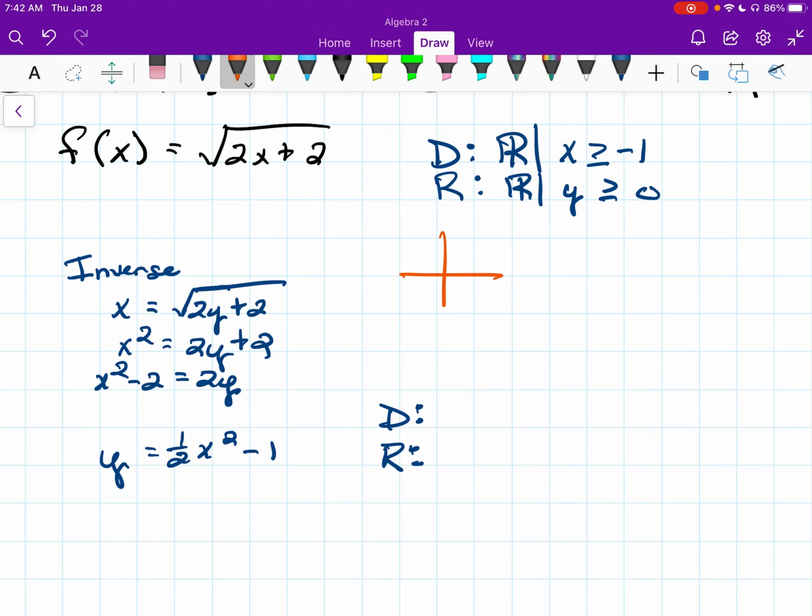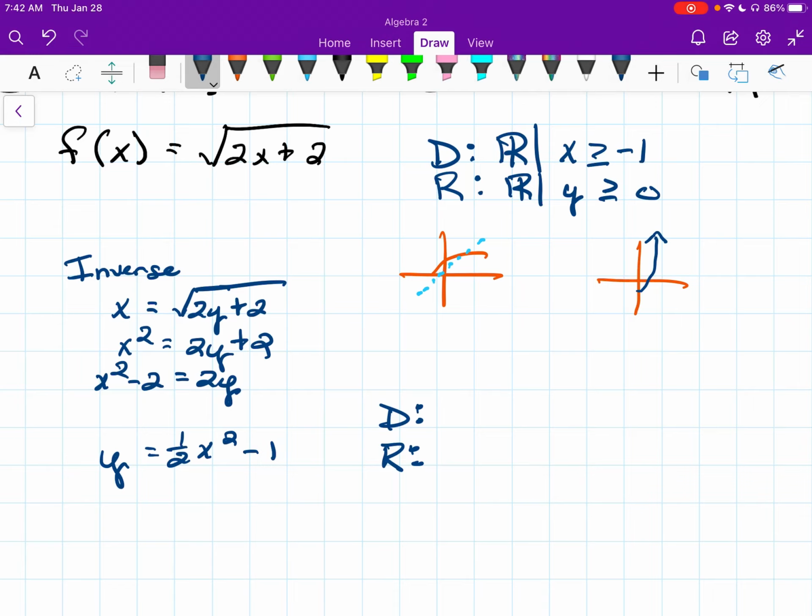Our top function is going to be something along the lines of this. Actually, I think it's going to be something along the lines of that, a little bit to the left of the axis. So if we were to reflect that over the line like that, we end up getting something like this.